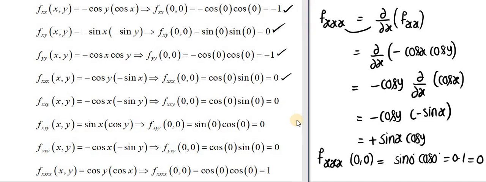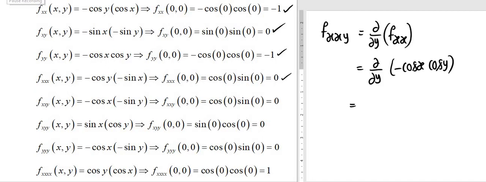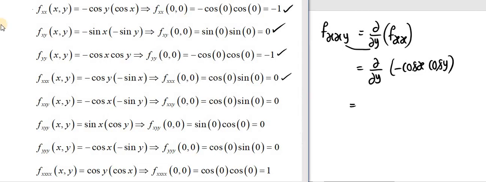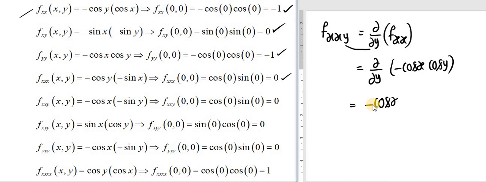Next we are going to find out f double x y. Observe, f double x y means dou by dou y of fxx. The value of fxx is minus cos y into cos x. Here we are differentiating with respect to y, that's why minus cos x is outside, dou by dou y of cos y.